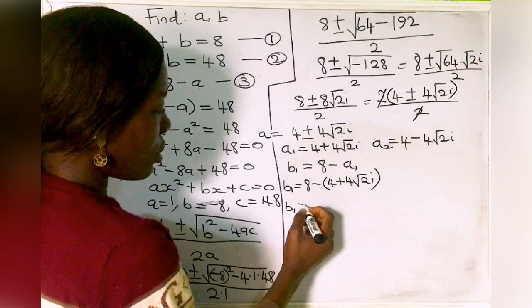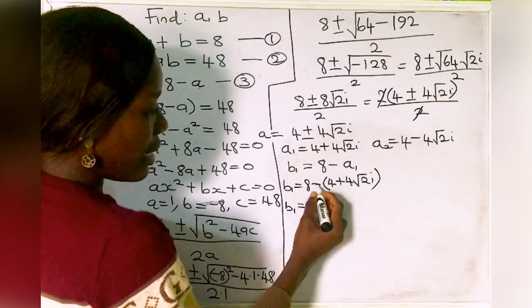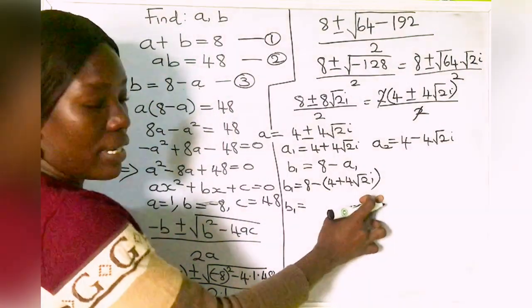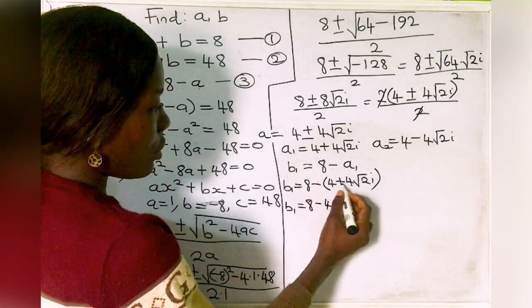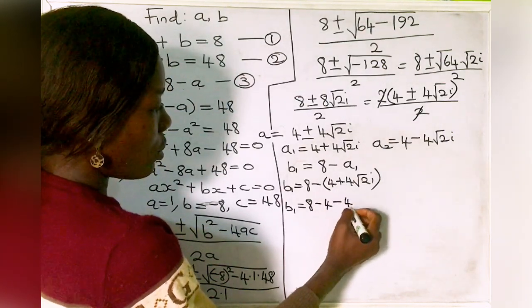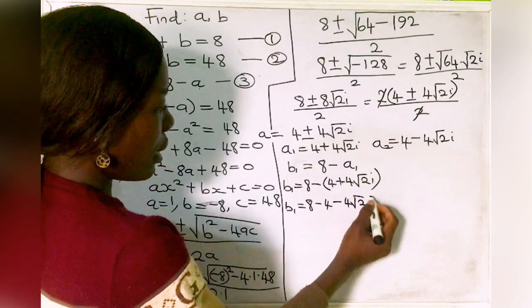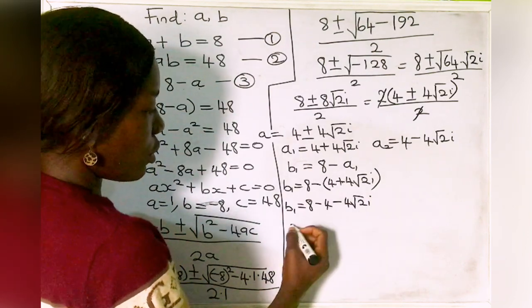Then b1 is equal to, this negative sign is going to affect everything in this bracket. So we have 8 minus 4, minus 4 root 2i. So now 8 minus 4 is equal to 4 minus 4 root 2i. This is the value of our b1.